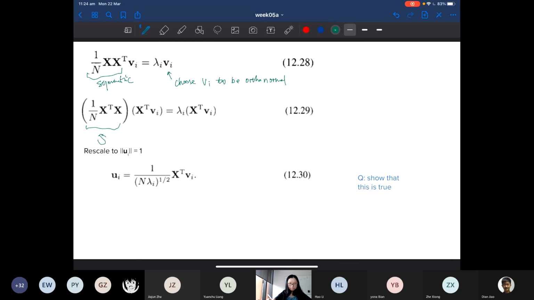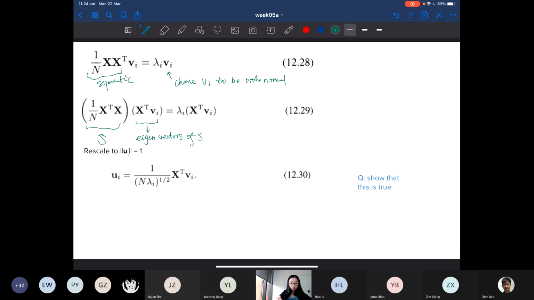Okay. Now this equation, 12.29, is also an eigenvector expression. Basically, these are eigenvectors of S, obtained as a linear transformation of the eigenvectors of the smaller matrix.